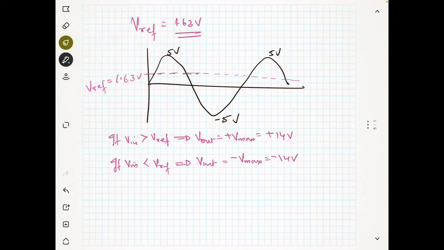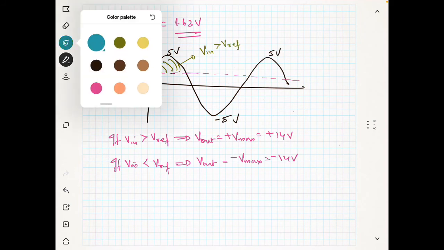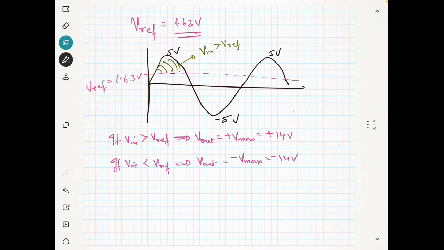Now we will see which portion is above and which portion is below. You see that all these portions are above V reference. That means V in is greater than V reference, and all these portions here, and here also, V in is greater than V reference. Again, this portion is showing V in greater than V reference.